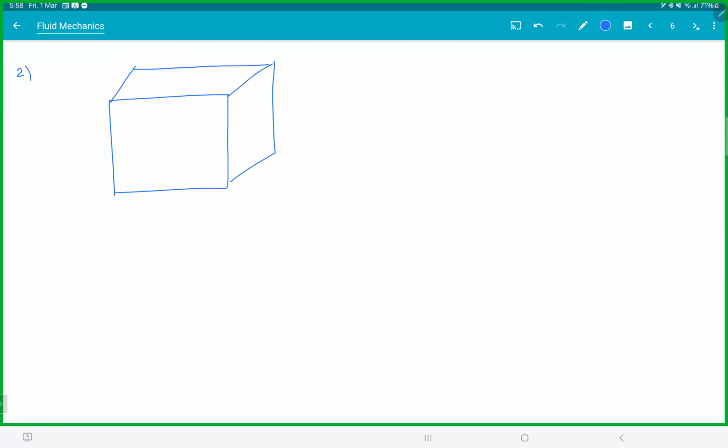So we have a cube, which is half filled. The upper part is open top. This is L by 2.